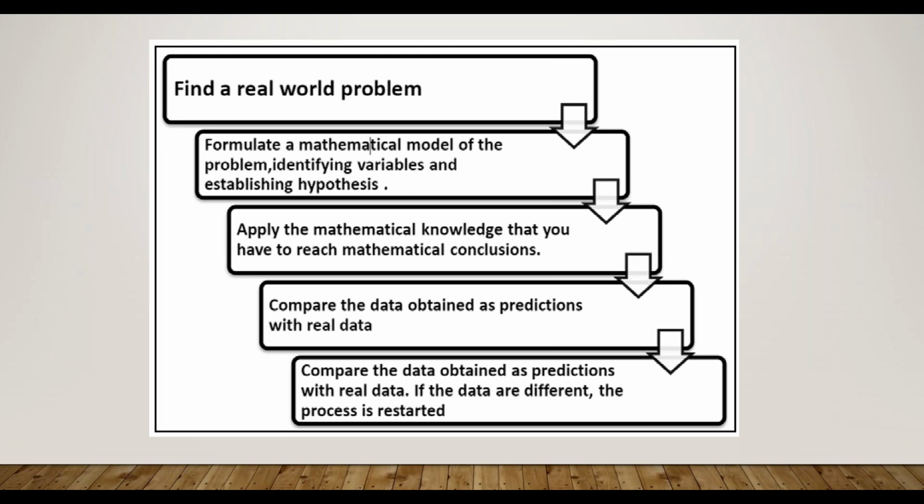It's not happening that way. All the statistics and all the mathematics are not really true. If you've been reading these days, you'll come to know what I'm talking about. Compare the data obtained as predictions with the real data. If the data are different, the process is restarted. Simple. Keep doing this in a loop until you find the best solution. That's what happens.